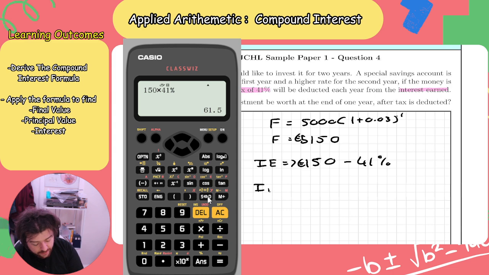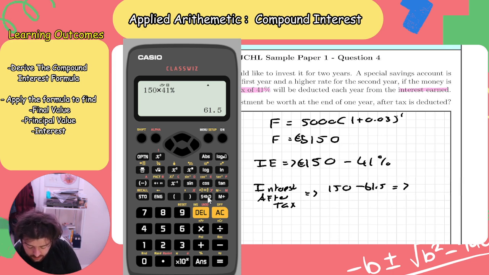So interest after tax, it's going to be 150 minus my 61.5. Let me go in my calculator here. So 150 minus 61.5 equals €88.5.